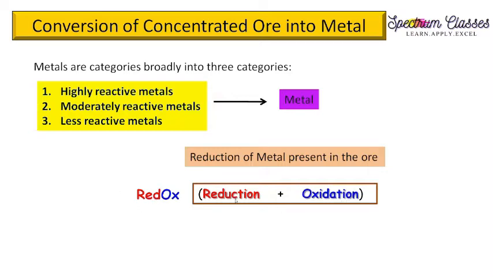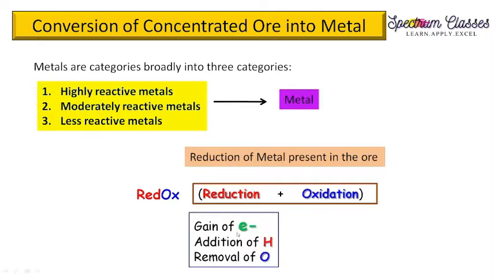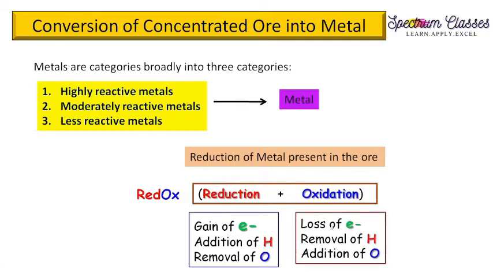What is called reduction and what is called oxidation? Gain of electrons, addition of hydrogen or removal of oxygen is reduction. Any of these definitions we can use. Similarly, oxidation is defined as either loss of electrons, removal of hydrogen or addition of oxygen, just opposite to reduction.